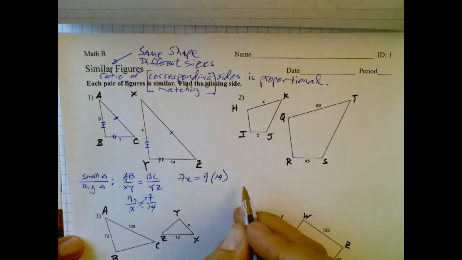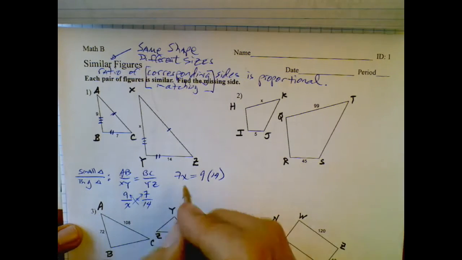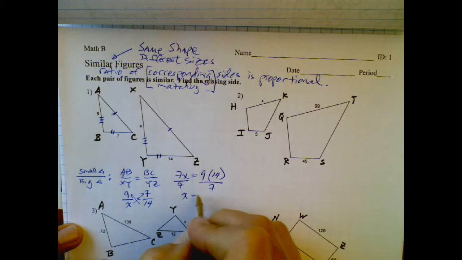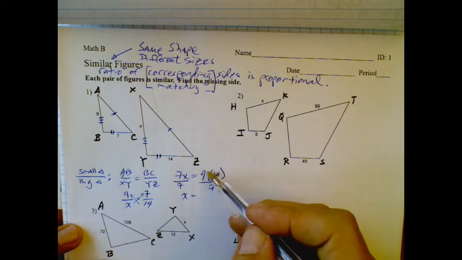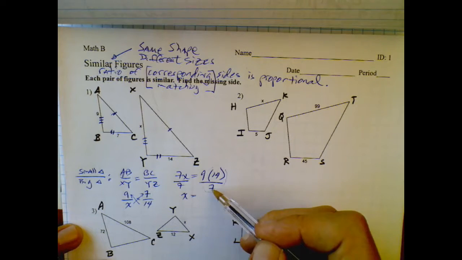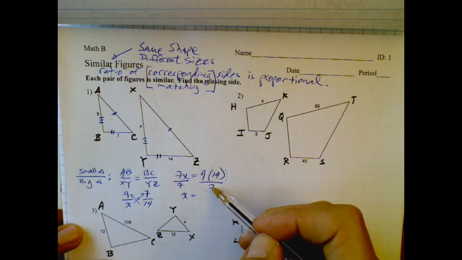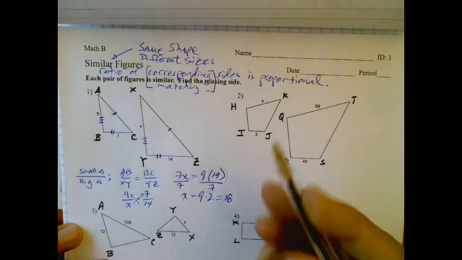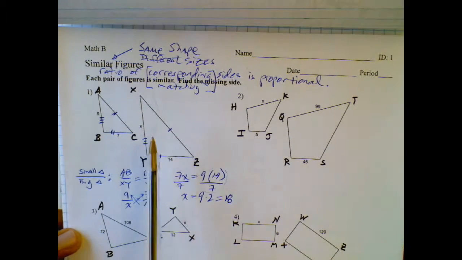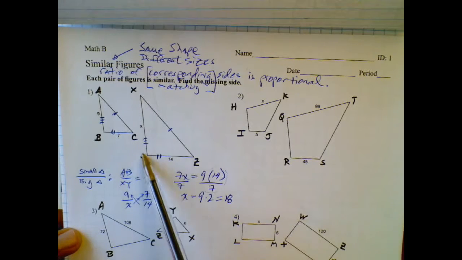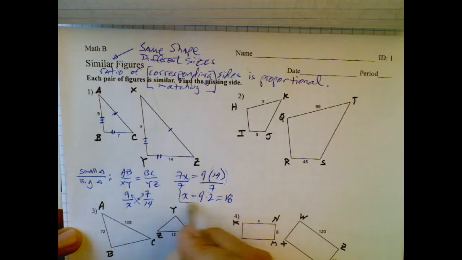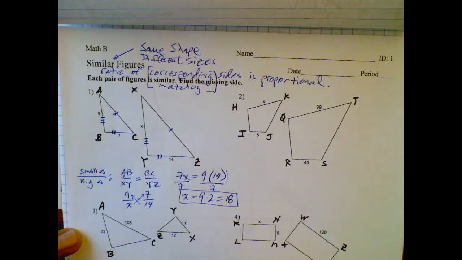I'm not going to multiply it out because when I go to divide both sides by 7 to get x by itself, I notice that 14 divided by 7 is 2. And so I'm left with 9 times 2, or 18. So because these things are similar, I know that this side here has a length of 18. And that's how I determined X here.